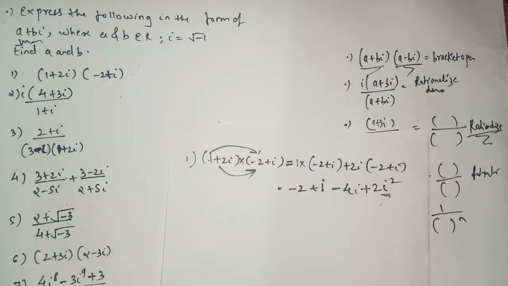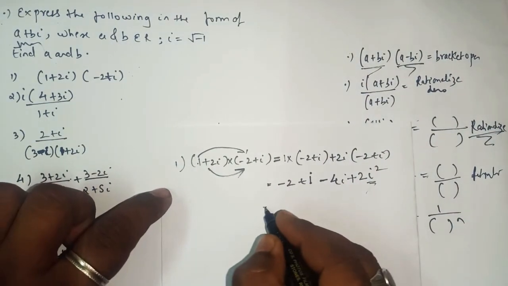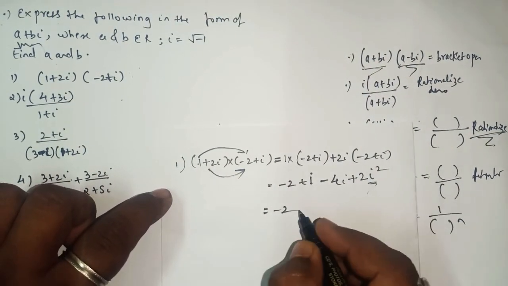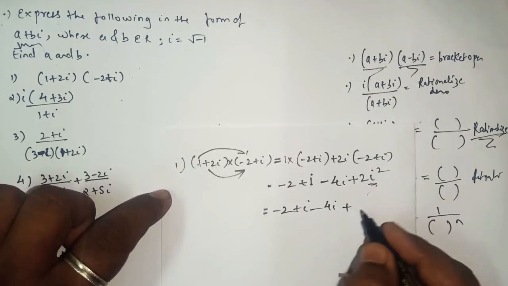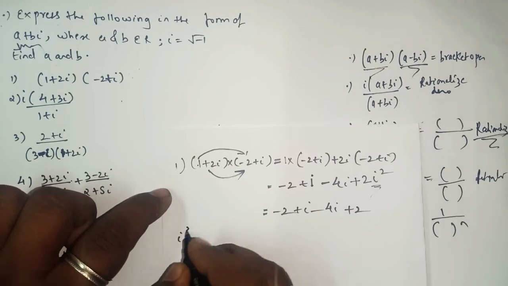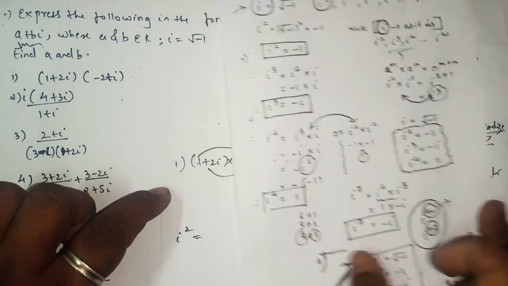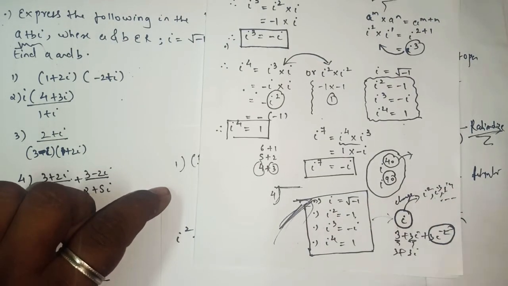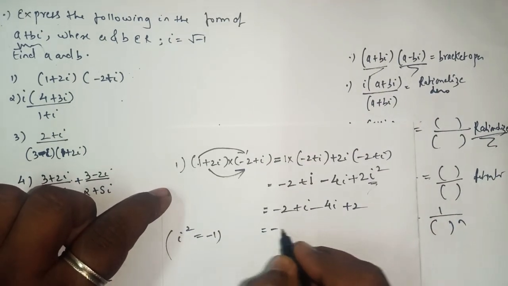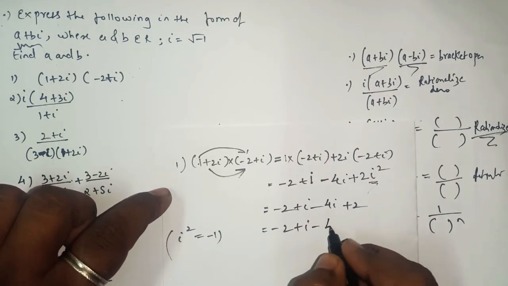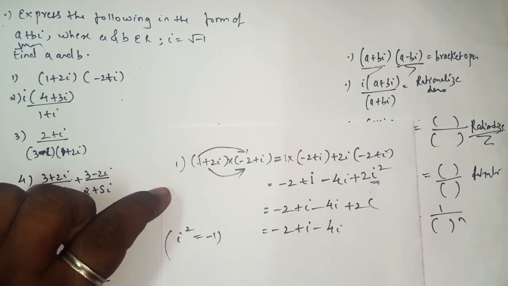So minus 2 will be the same, i will be the same, this 4i will be the same, and we know that the i square value, as I explained in the last lecture, is minus 1. So here we write minus 1 in place of i square.